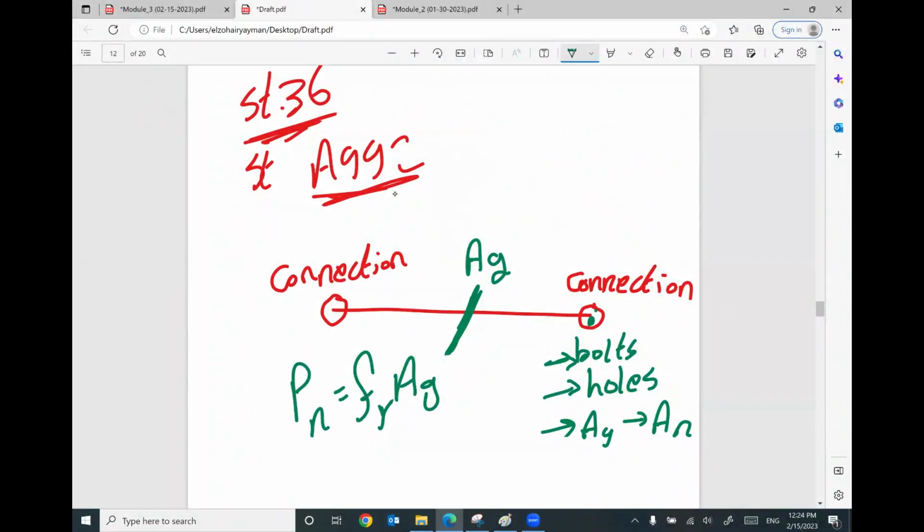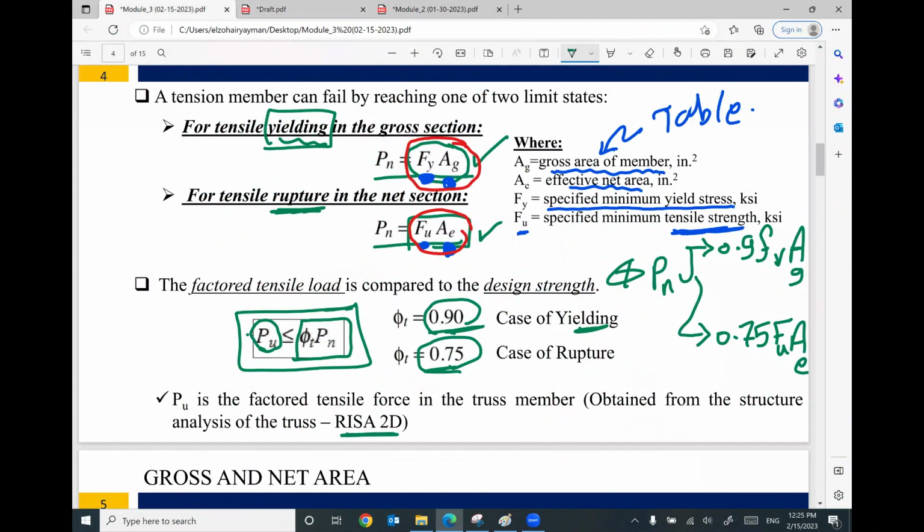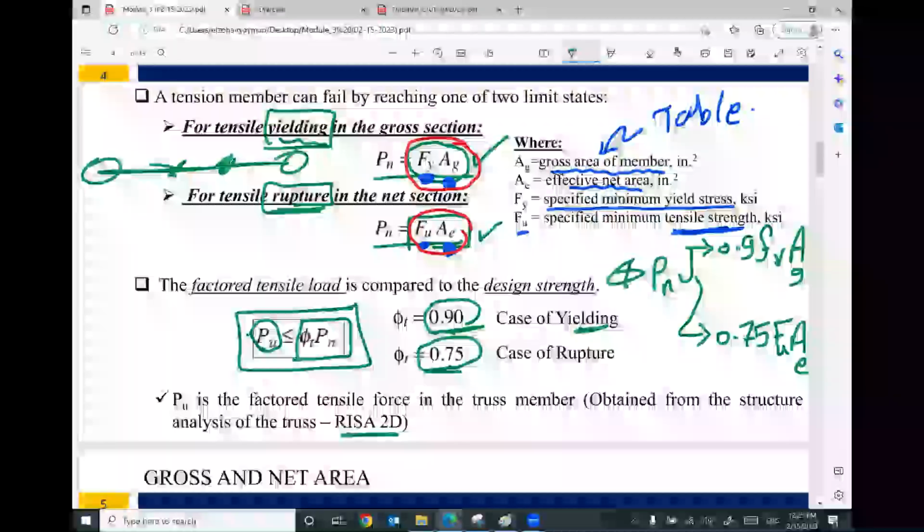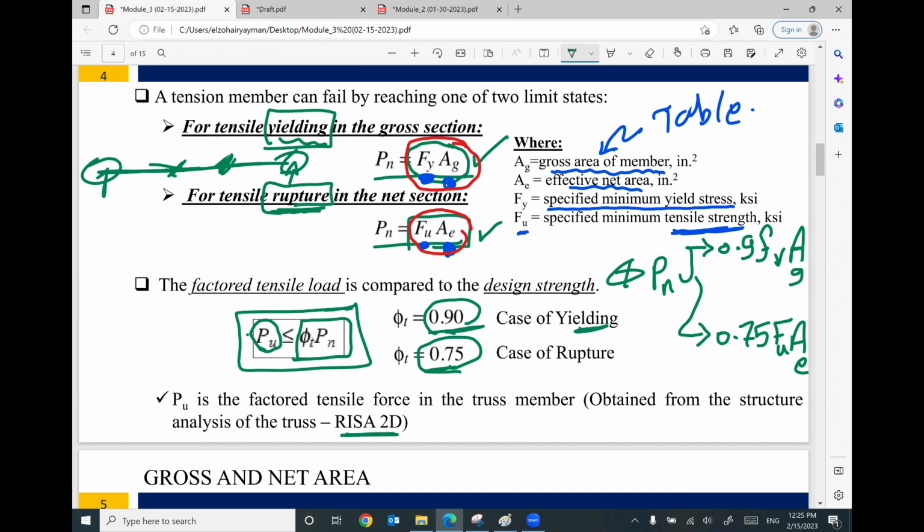At the location of your connection, since we have bolts, since we have holes, since the area gross is reduced to area net, we will have F ultimate times area effective. That makes sense? So the first case of design will satisfy your member at any point away from your connections. The second case will satisfy where you have connection, because the area gross will be reduced because we have bolts.